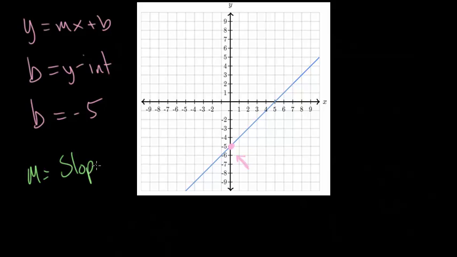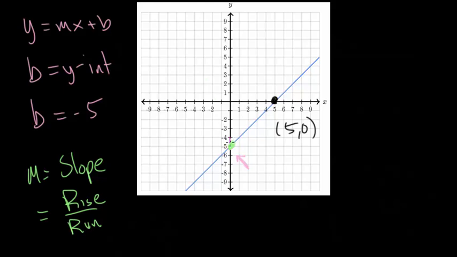So our slope, we know since it's the rise over the run, we essentially need to find 2 distinct points and figure out how much we go up and how much we go over. But it looks like we have a distinct point at this y-intercept, but we also have another distinct point here at this x-intercept, this point 5, 0. So we need to count how much did we go up and how much did we go over.